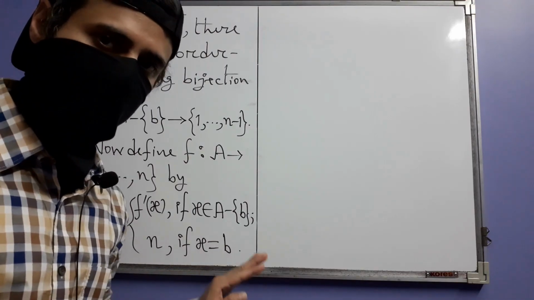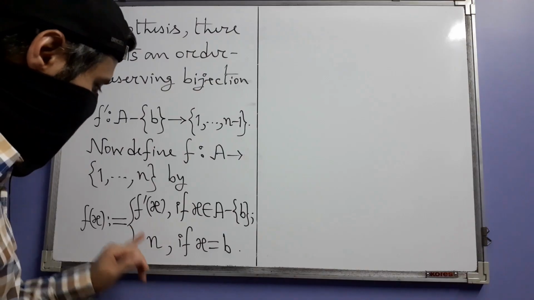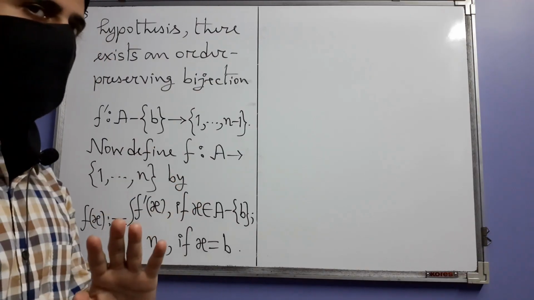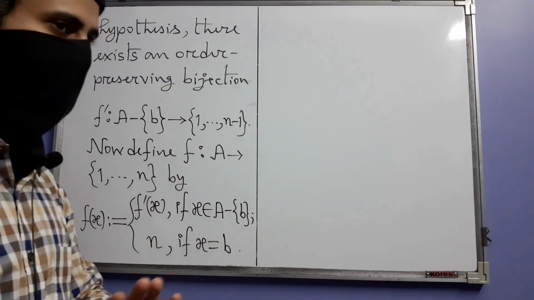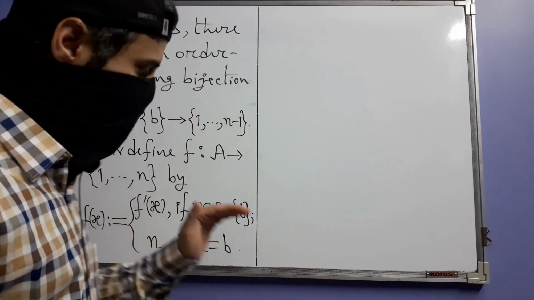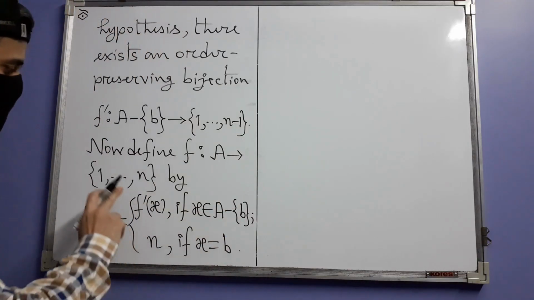Say your input is B, then the output is n, which is a unique element in this set. Okay, so this part of the function is okay. It really is giving you an unambiguous output for a given input, and that output lies here.